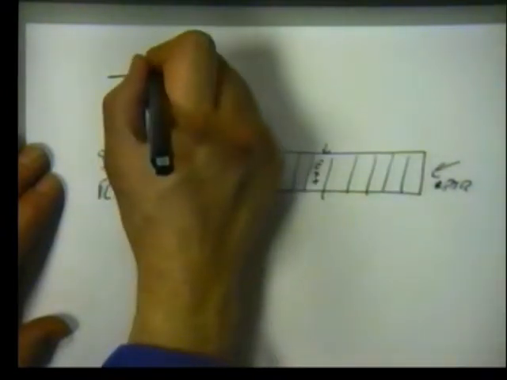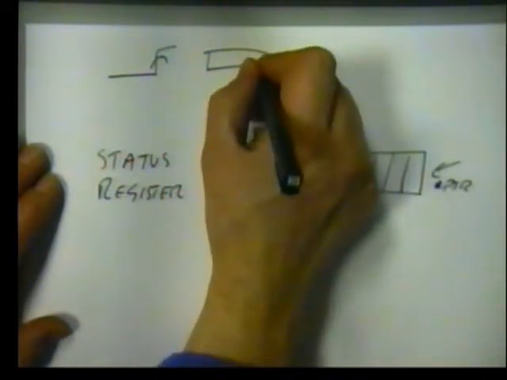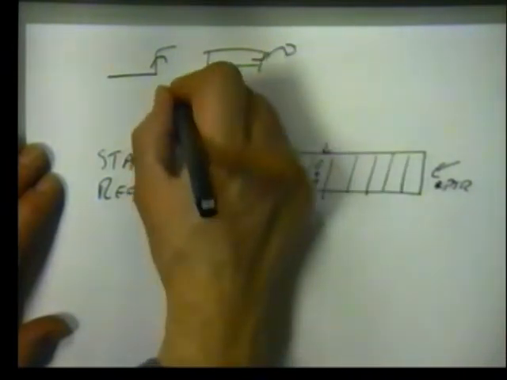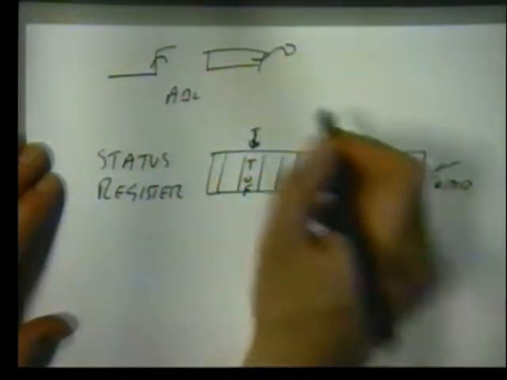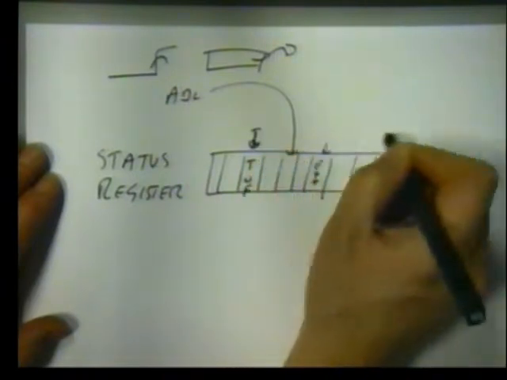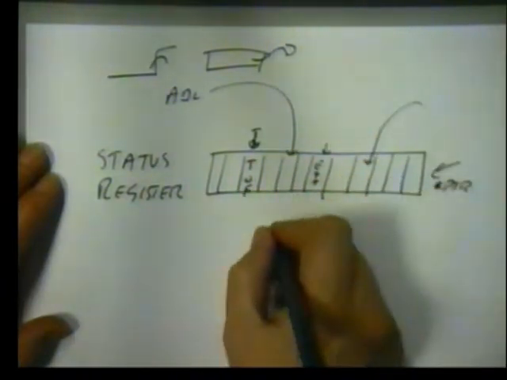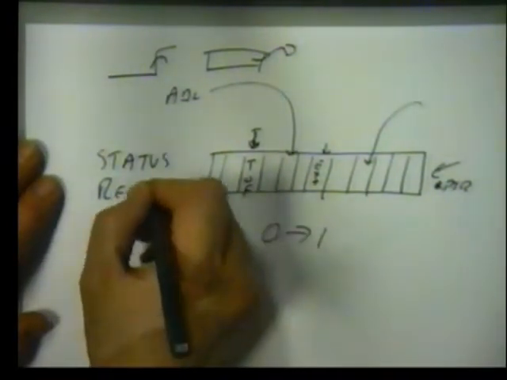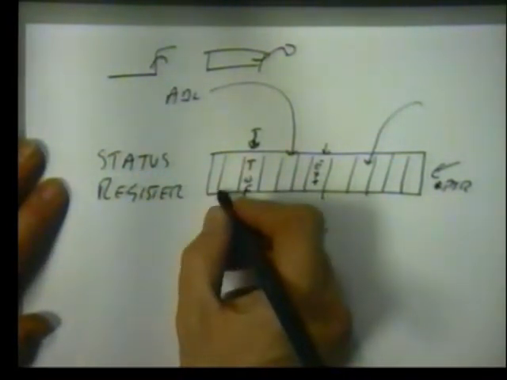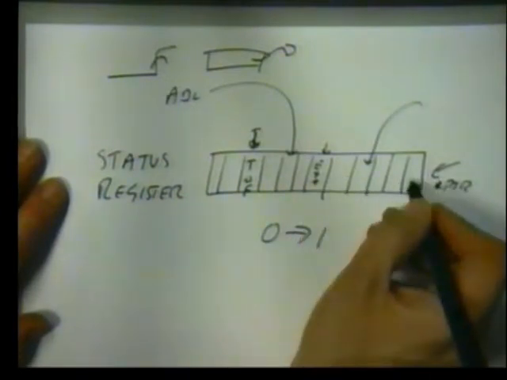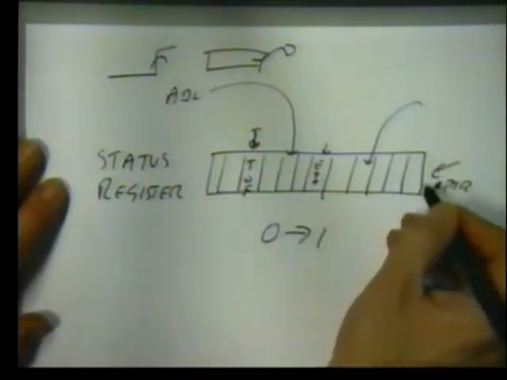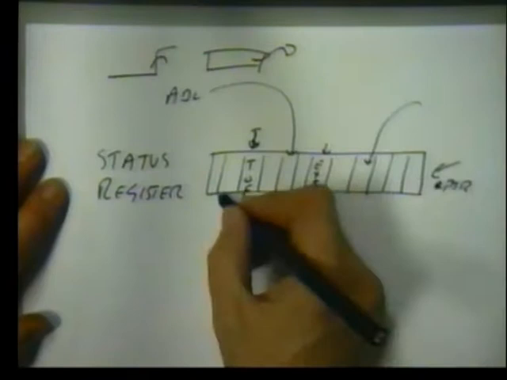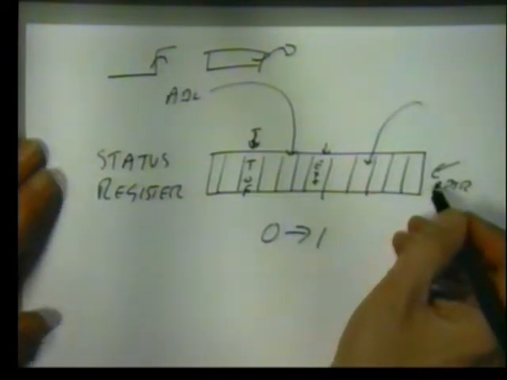And whenever any of these events occur, be it the timer overflowing, the ADC, the way it works is that that individual bit in the interrupt status register goes from a 0 to a 1. So the interrupt status register stores the current state of all interrupts that are pending, waiting to be executed. Now that is always there.